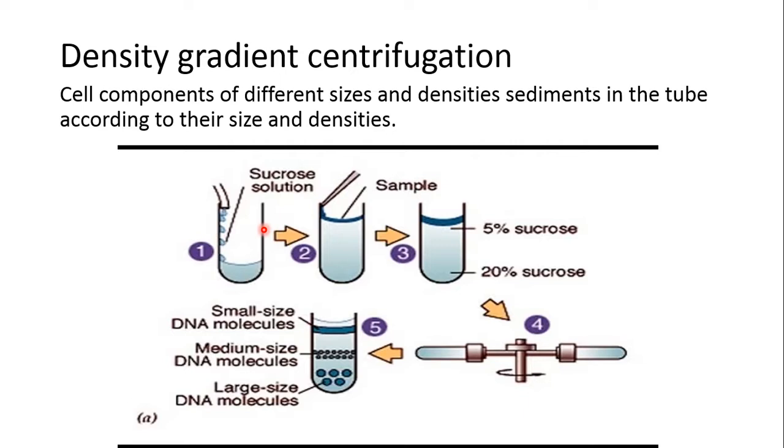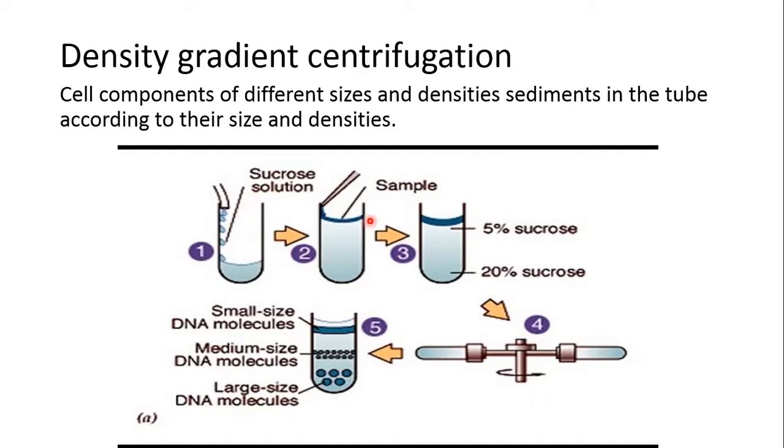In this density gradient centrifugation, we use a solution, mostly sucrose solution, and we also use it in our labs. We will make some compositions of this sucrose solution. This may be 5%, 15% or 20% sucrose solution, and after making these compositions, we will put our solution into the test tube.